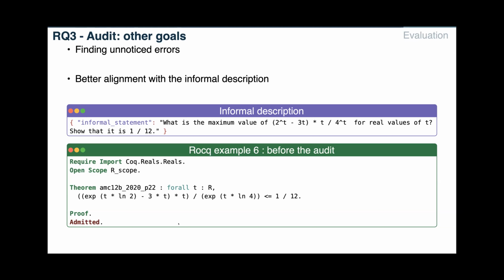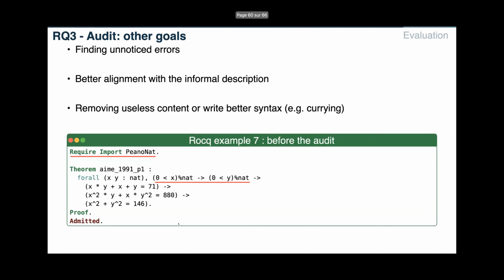And so one Rocq user advised us to also add a part to the statement to prove that the maximum value was indeed reached. This is a problem that the Lean and Isabelle versions are also subject to.